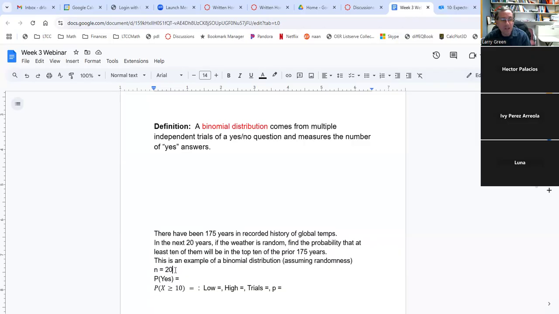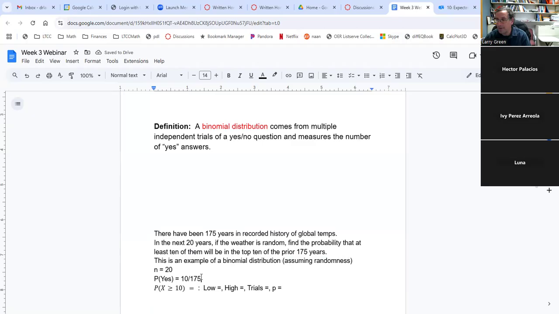Okay, so we're going to say that, hey, if we're assuming randomness, and that's really important, if we assume that there's no climate change, every year just randomly happens, then the probability of any particular year being in the top 10 of the prior 175 years will be 10 divided by 175.